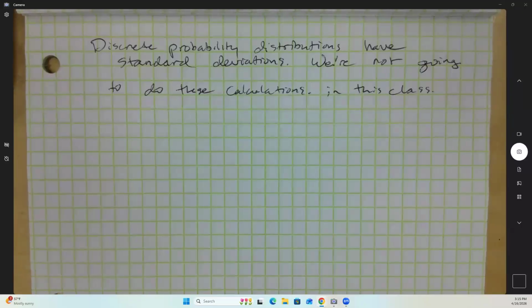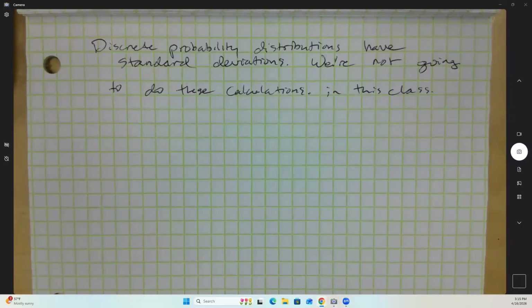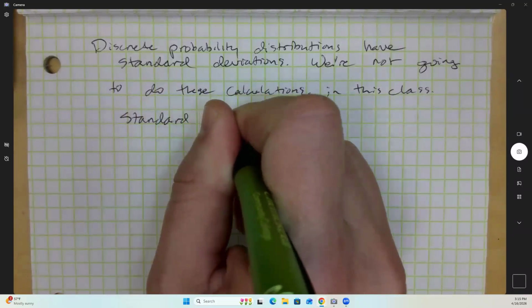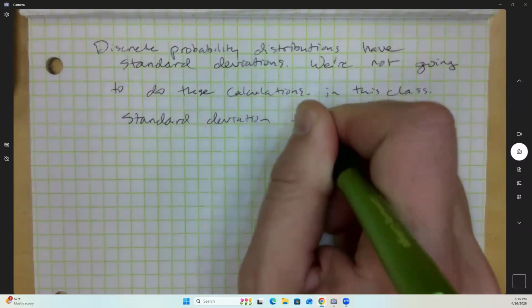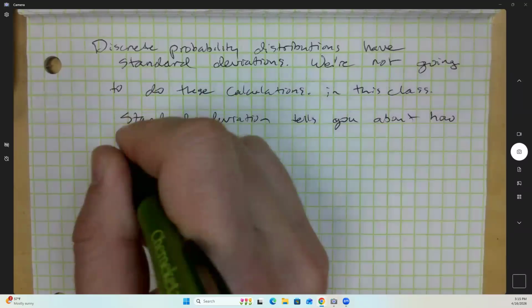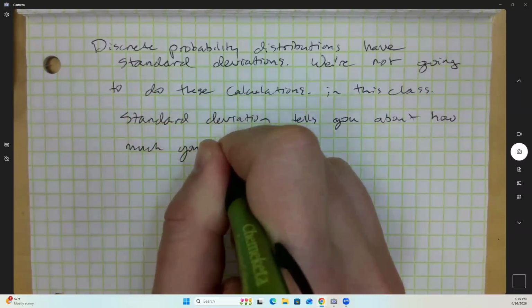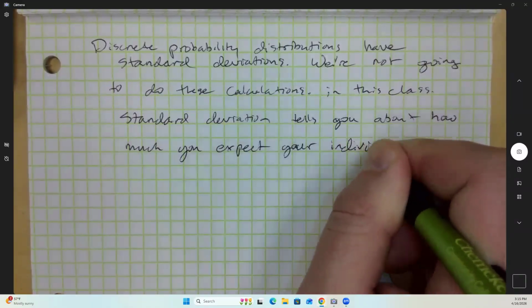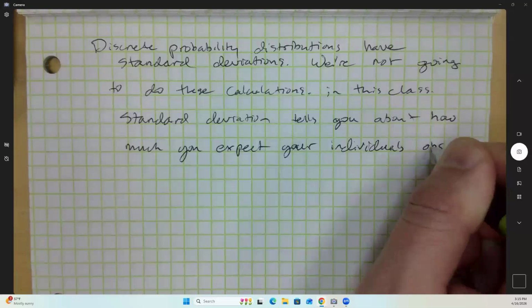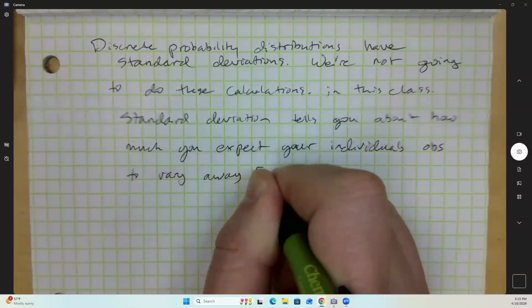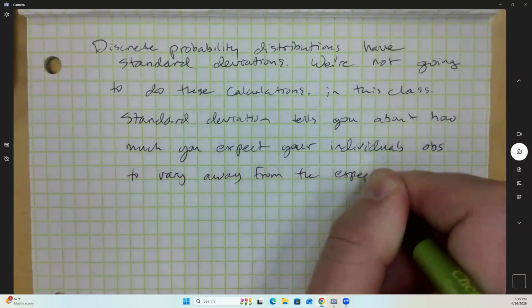Maybe if you take another statistics class, you will. And what the standard deviation tells you is, just like with data, about how much you expect your individual observations to vary away from the expected value.